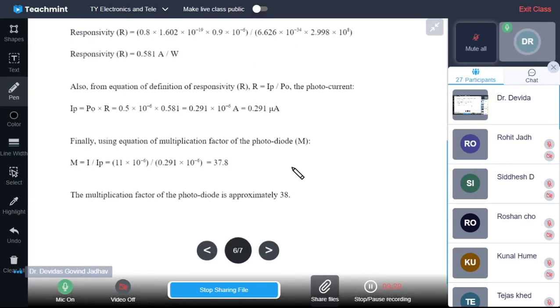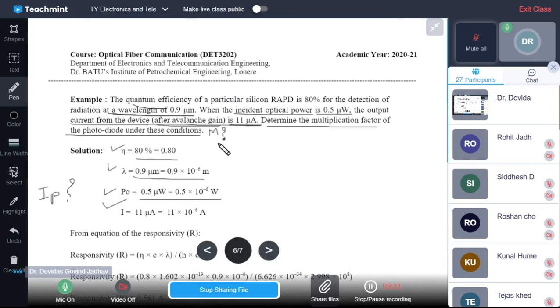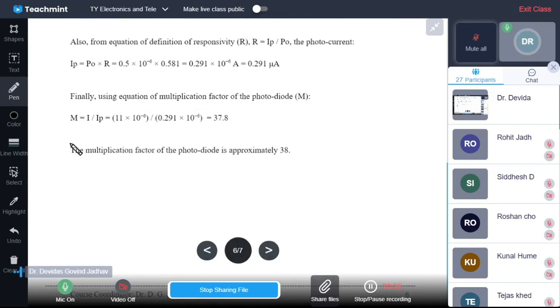Whatever is asked, M in this case, first write the equation for that.